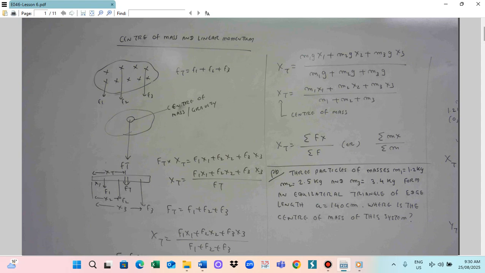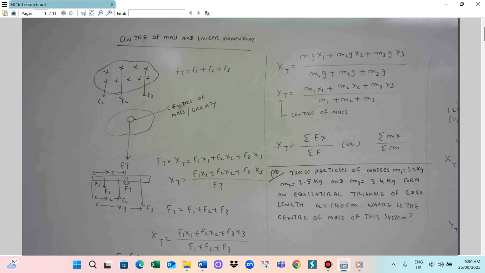So this is the way that we can calculate the center of mass. When you calculate the center of mass, we can use the moment. This is F1, this is H1. F2, this is H2. F3, this is H3. Here we have the total force FT, and this is HT. So FT multiplied by HT is equal to F1 H1 plus F2 H2 plus F3 H3.